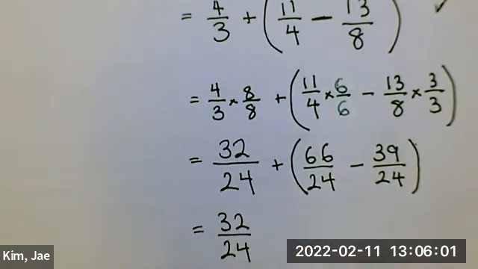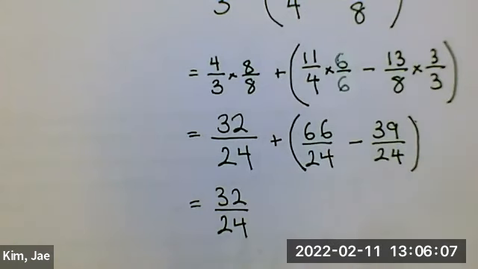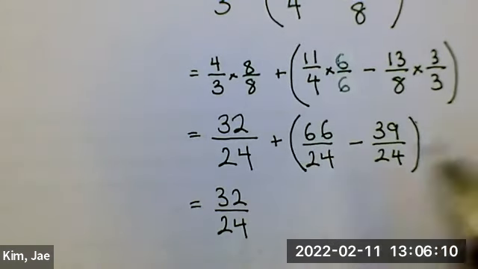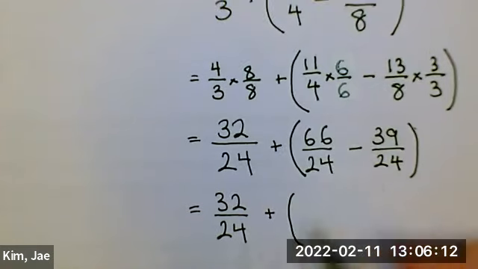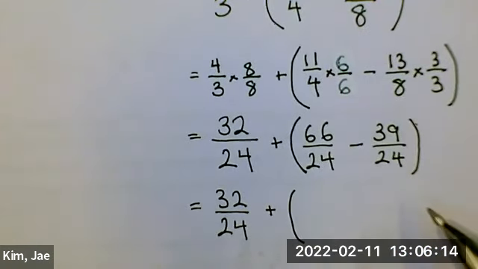So if you have all the denominators the same, yes, it's messy at first, but it will clean up. Let's do BEDMAS by adding the brackets first. 66 minus 39, 30, 27.